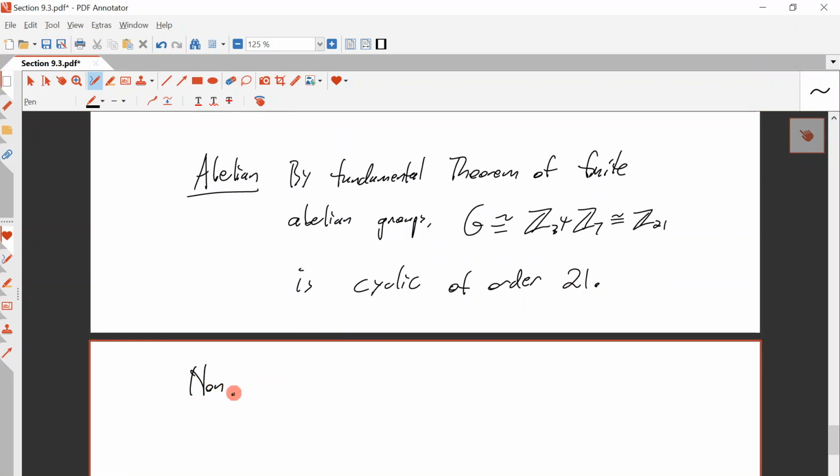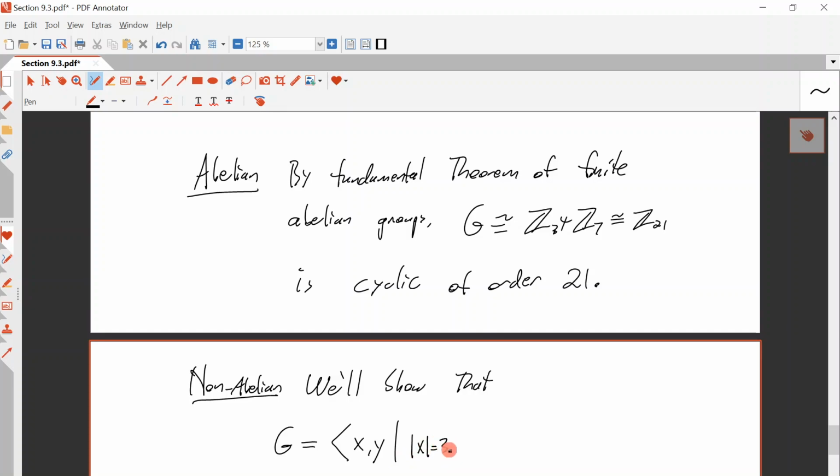Non-abelian, okay, we'll show that G is isomorphic to the group generated by x and y, such that x has order 7, y has order 3, and then yx is equal to x squared y.